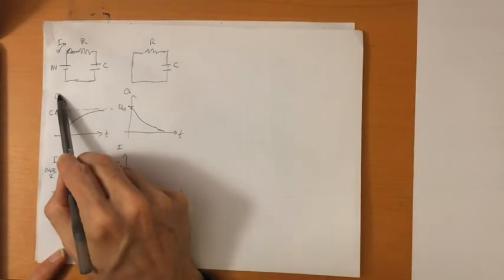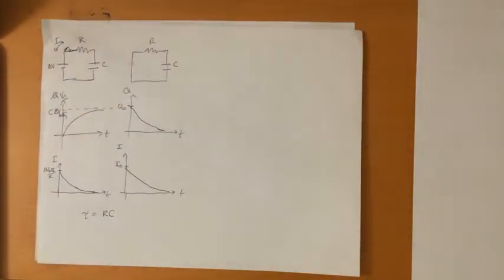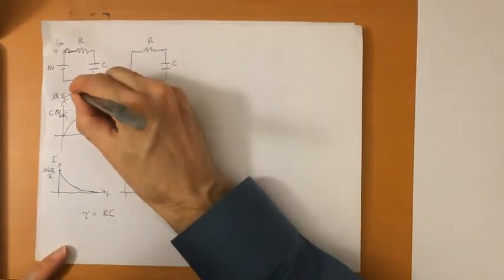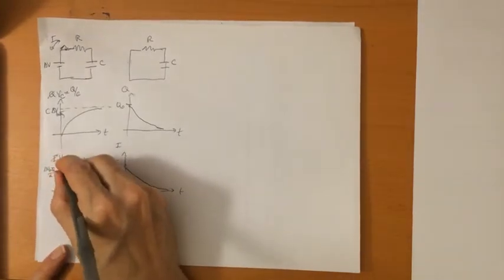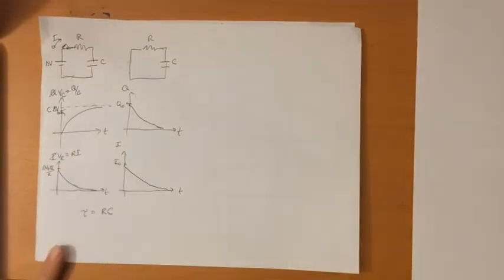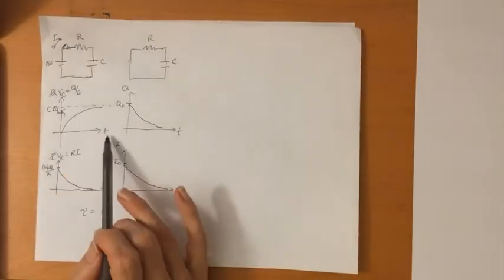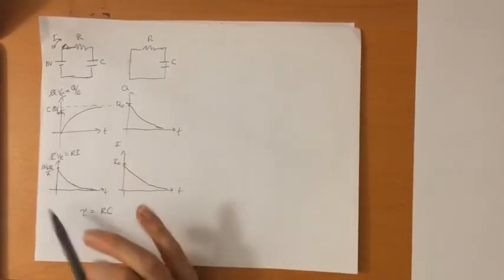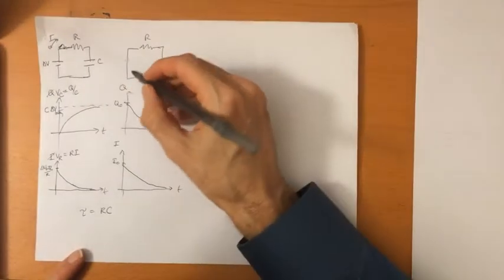Instead of measuring charge as a function of time, you measure the capacitor voltage as a function of time, because that's given by Q divided by C. Instead of measuring current, you measure the voltage across the resistor, because that's given by R times I. So the VC versus t graph and the VR versus t graph should look like the Q versus t and I versus t graphs from the theoretical standpoint.